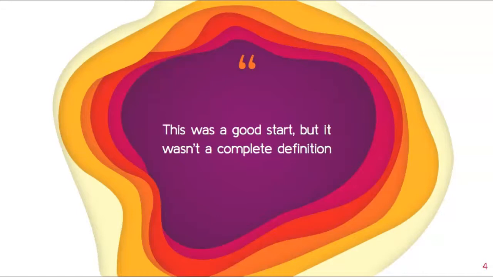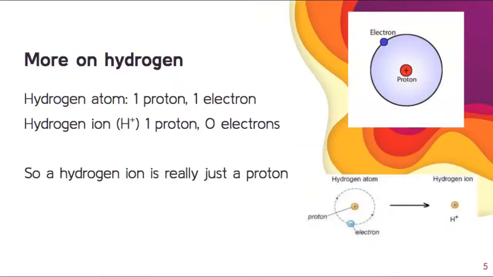Okay, so before we get into that more complete definition, I want to talk about hydrogen for just a second. Up here, this is a picture of a hydrogen atom, right? It's element number 1. It's got 1 proton, 1 electron, no neutrons. Okay, a hydrogen ion, remember hydrogen is in group 1, so it forms +1. So what does that +1 mean? +1 means, imagine covering up this electron, right?